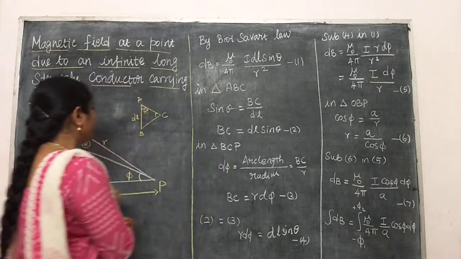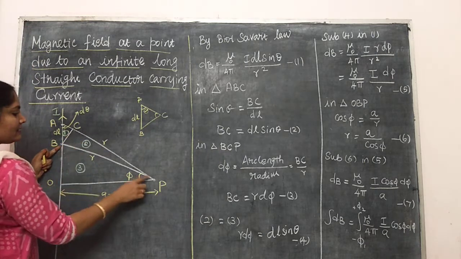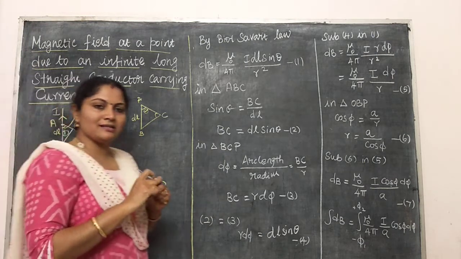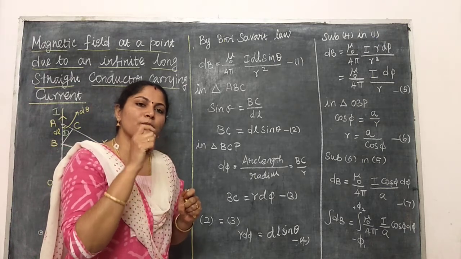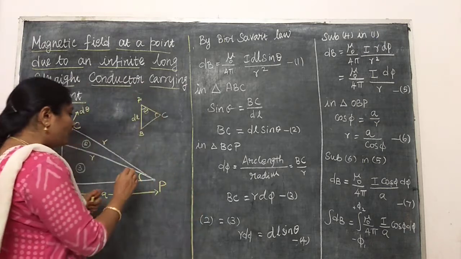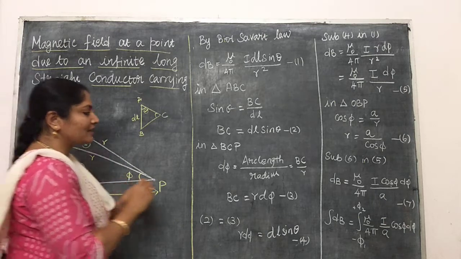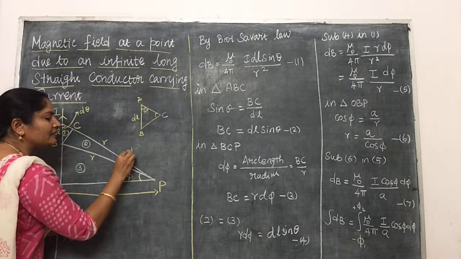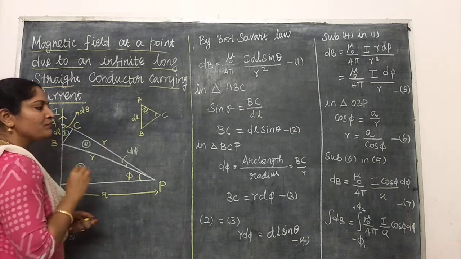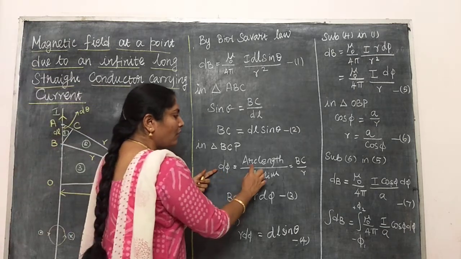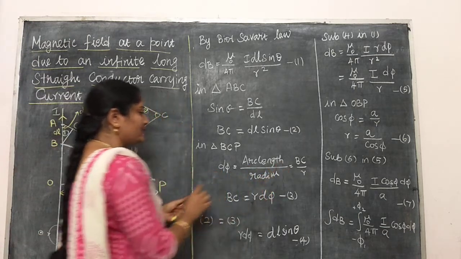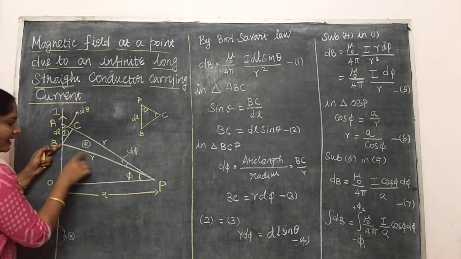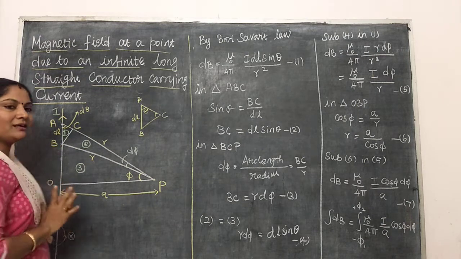Next, the second triangle. So see here, this is the second triangle. This is like a very small triangle which makes a small angle, that small angle is d phi. So d phi is equal to arc length by radius. Here, BC is the arc length and radius is nothing but r.